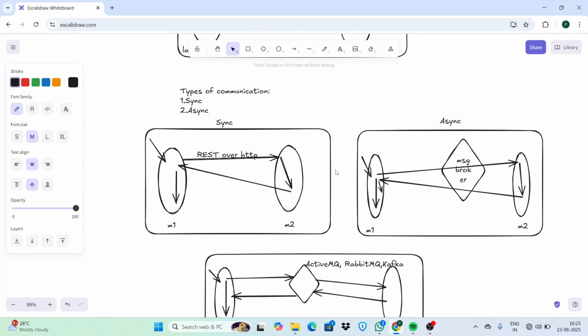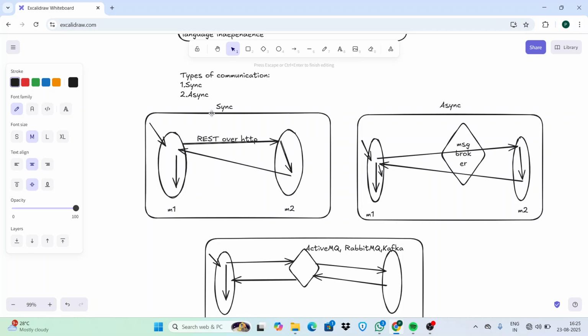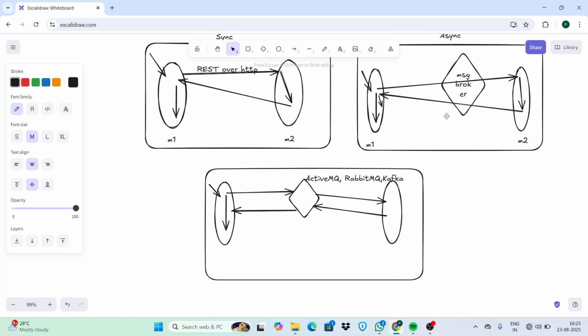So in microservices, synchronous communication happens through REST over HTTP, and asynchronous communication happens through message queues like ActiveMQ, RabbitMQ, and Kafka.